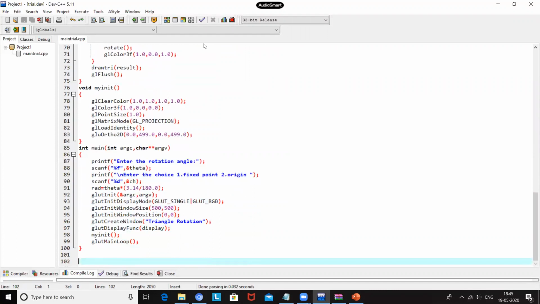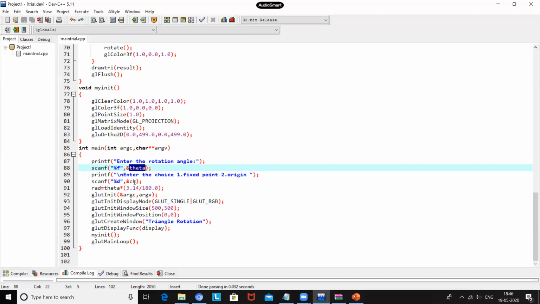The main function expects the user to enter the rotation angle. The user can enter it in terms of degrees, and that is read as theta. Then there are two choices given to the user, whether we are rotating it at a fixed point or using the centroid of the triangle, which we call the origin.